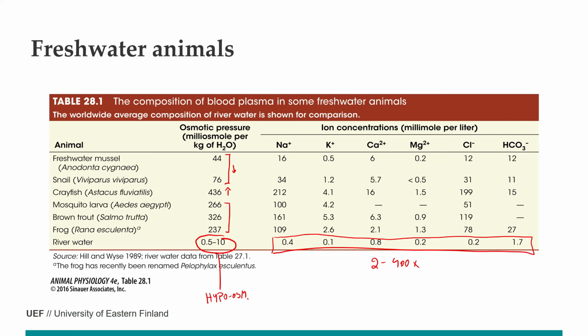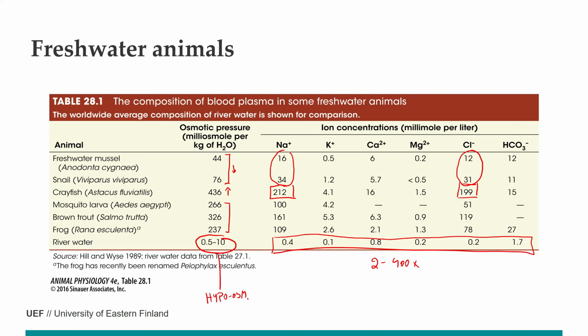And what is the difference then? Okay, freshwater mussel and snail, they have low sodium, they have low chloride. And then this crayfish has very high sodium and chloride. Otherwise, there are not huge differences in the other ions.